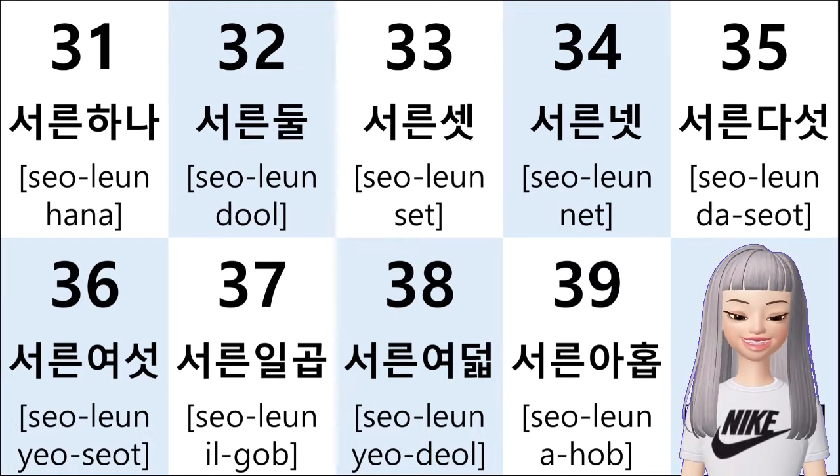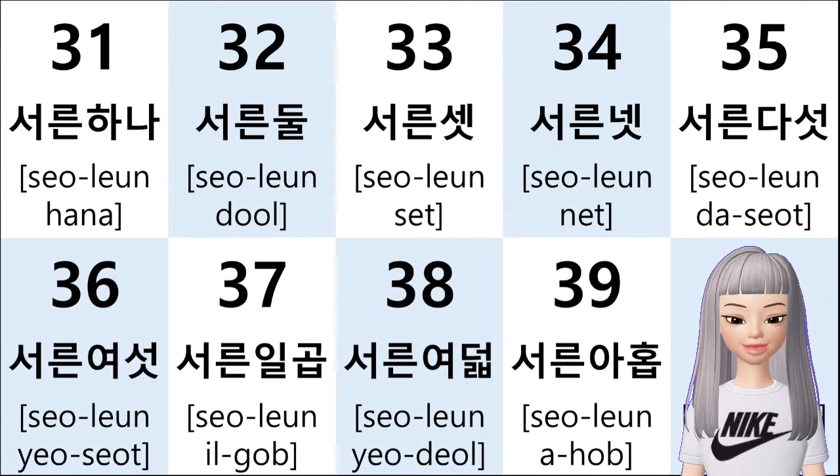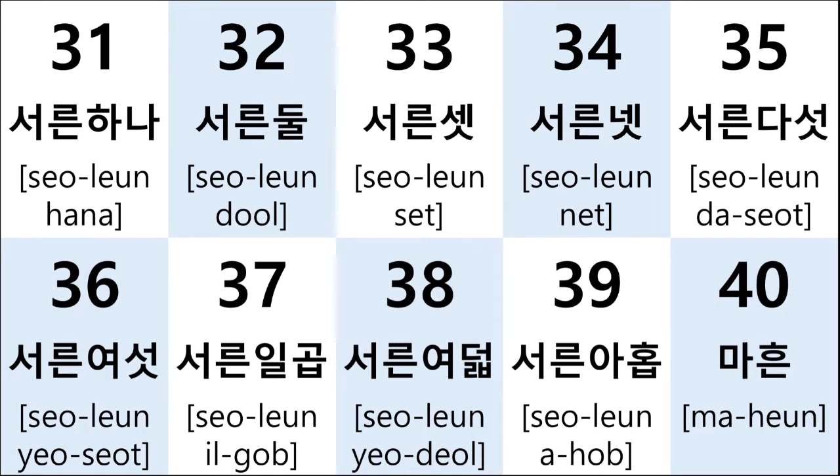Right. 서른 하나. 32 becomes 서른 둘. 33, 서른셋. 34 is 서른넷. 35 is 서른다섯. 36 is 서른여섯. 37 is 서른일곱. 38, 서른여덟. 39, 서른아홉. Now let's get into 40, which is 마흔.